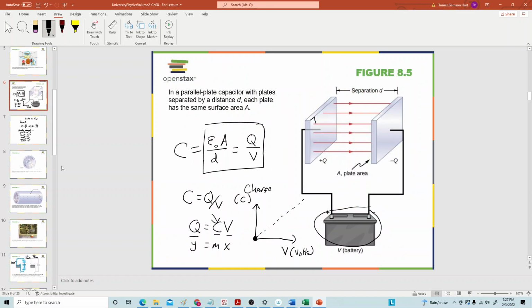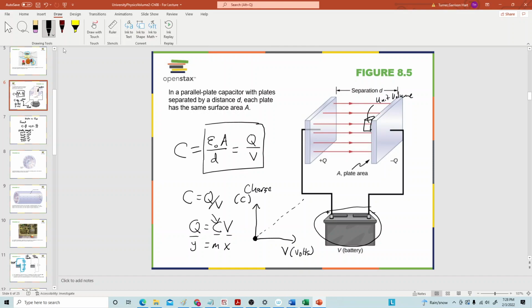So if I have a block, and I let this block be unit volume, then how much energy is in that unit?